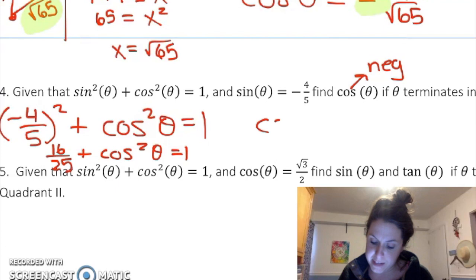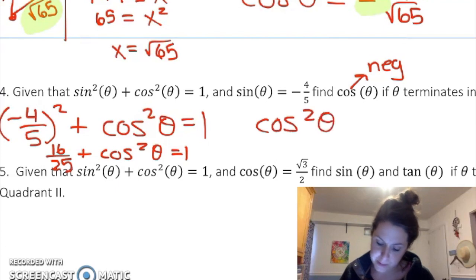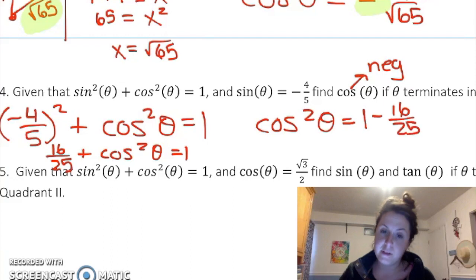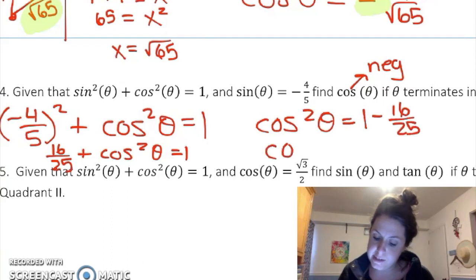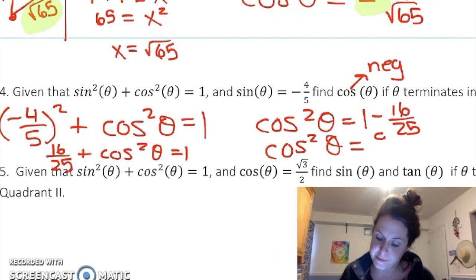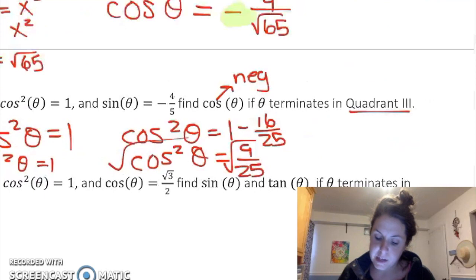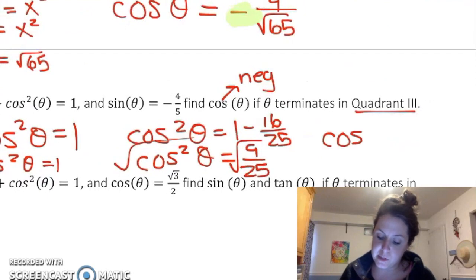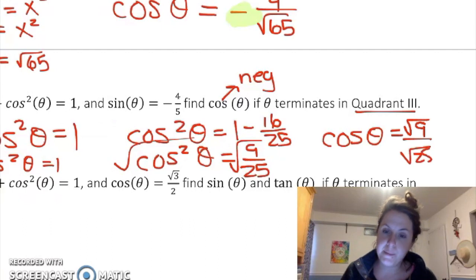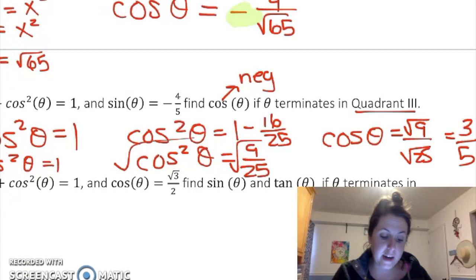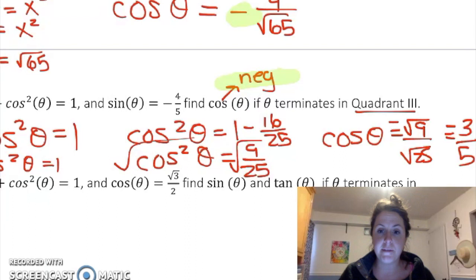Subtract 16 over 25, so I would get cos squared equals 1 minus 16 over 25, which is 9 over 25. And then square root both sides, which for this just means square root the top and square root the bottom, and that's 3 over 5. Now remember, we want our answer to be negative, so cosine of theta is negative 3/5.